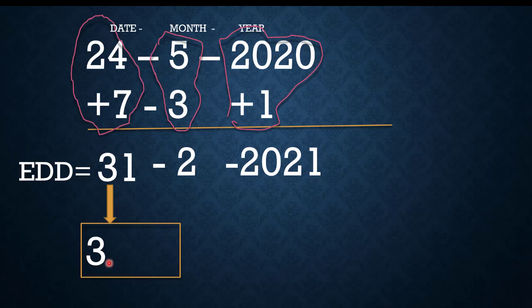We can write it as 3, because after 28, there is 29, 30, 31, which are 3 extra days. So after 28 February, there will be 1st March, 2nd March and 3rd March. So we will write here 3. And when we add 1 to this 2, the answer will be March. So there will be 3 March 2021.